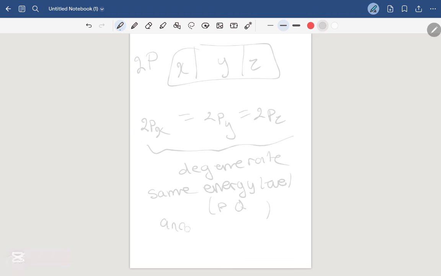So 2px is equal to 2py is equal to 2pz, because they have the same energy level n and the same sublevel, which is p. Because they are equal, they all have equal energies. Hund said that you have to occupy first by the same spin, which in my opinion is better to start with up. So 1 up, 1 up, 1 up, then you go 1 down, 1 down, 1 down. And these are just the electronic configuration rules.